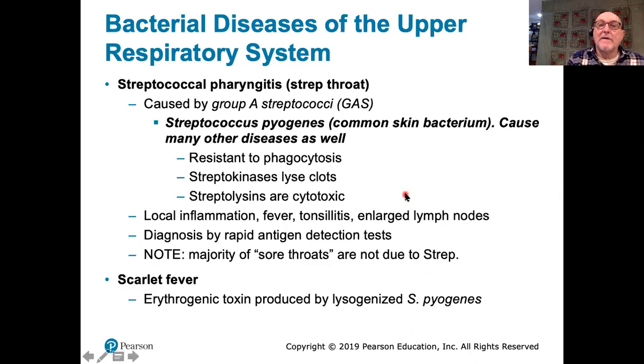So the common strep throat, that is usually members of a group they call Group A Streptococci, GAS. And the commonest member is Streptococcus pyogenes. And Streptococcus pyogenes, you've heard me mention it before in connection, for example, with postpuerperal fever in women.